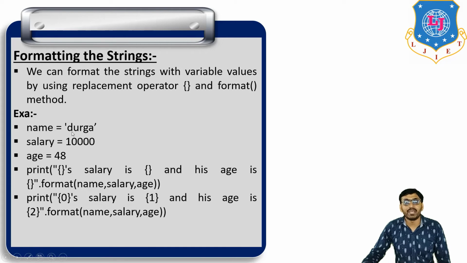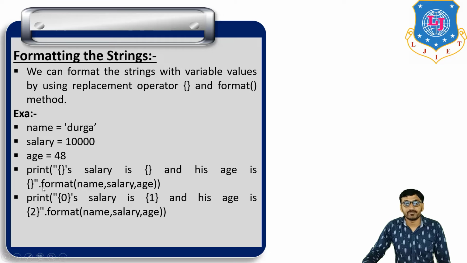Now, for example, name is equal to Durga, salary 10,000, age 48. These three values are given. Now print: name's salary is replacement operator and his age is replacement operator. Up to this, it is present in double quotes.